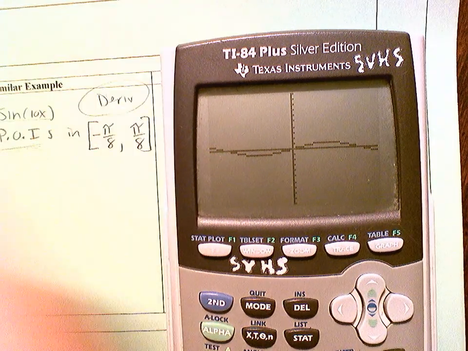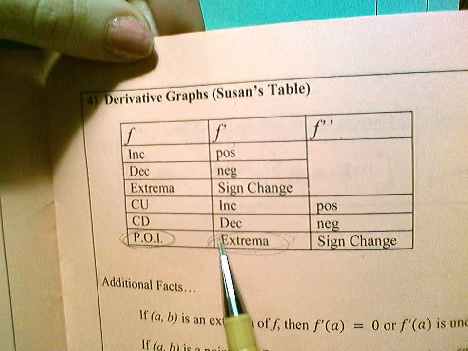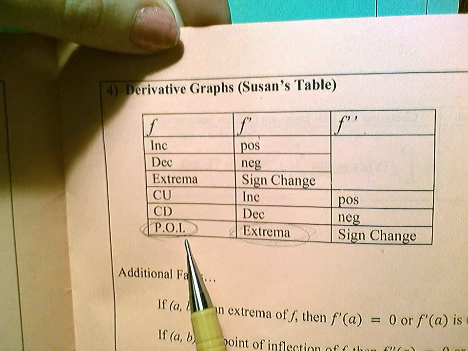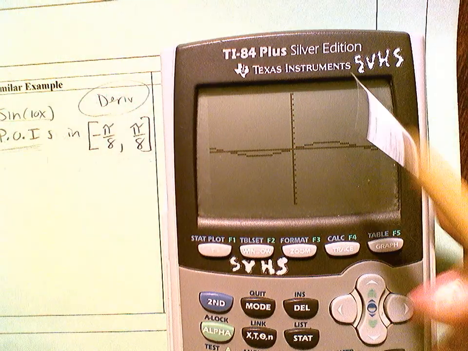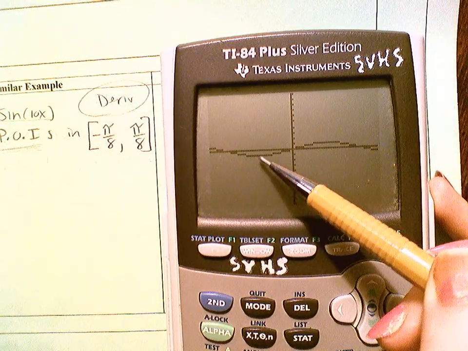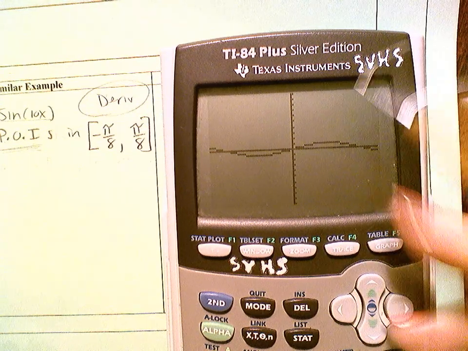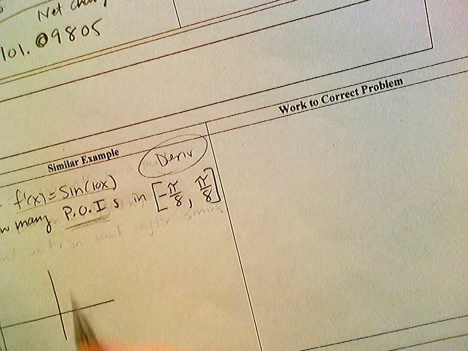Let me go back to Susan's table. This is the graph of f prime, and wherever it has extrema, those points correspond to points of inflection on f. I just have extrema at two places. There's a max, or no, that's a min, that's a max. So I've only got two. Maybe let's draw this picture.